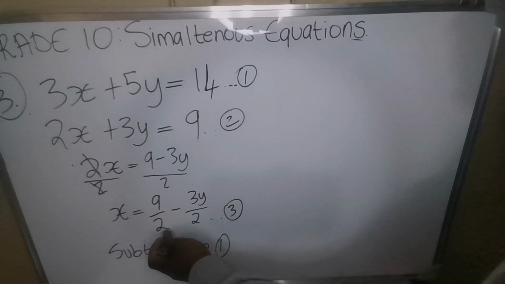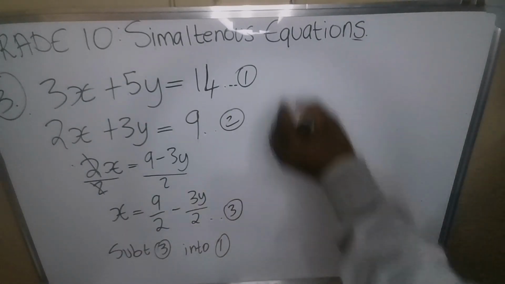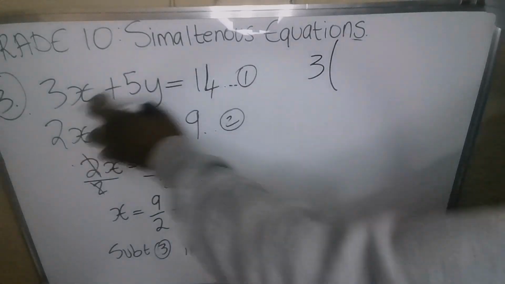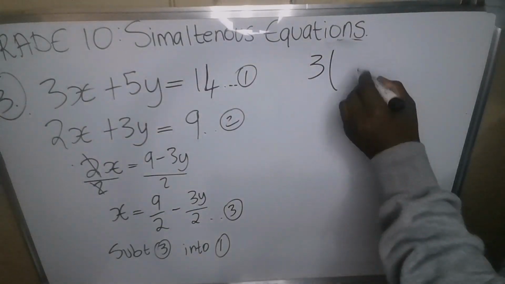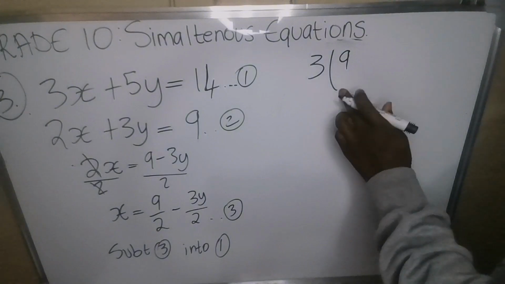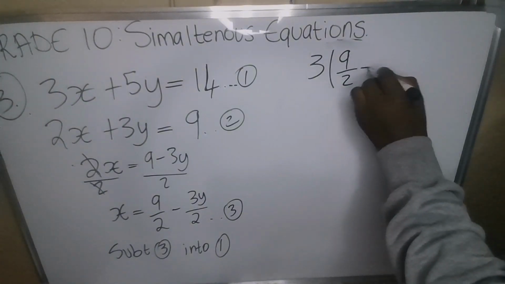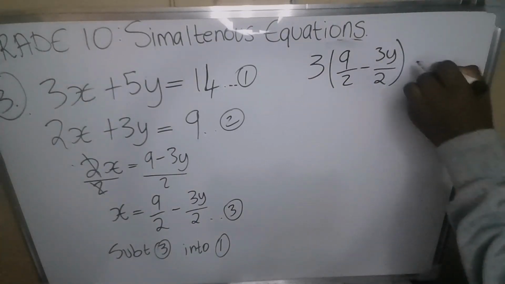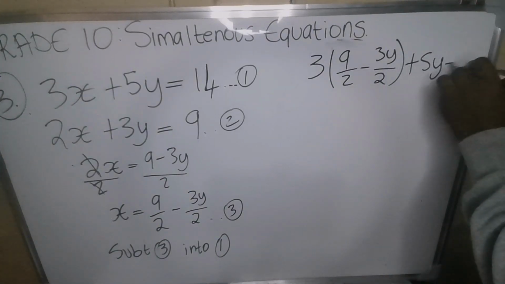Where I see x in equation number 1, I put in 9 over 2 minus 3y over 2, plus 5y is equal to 14.